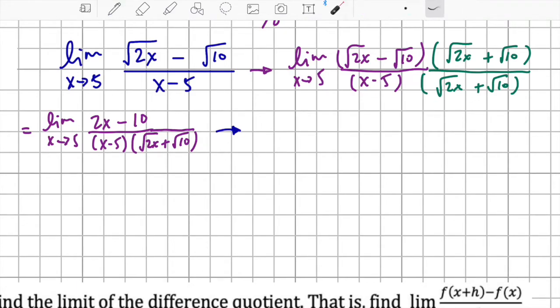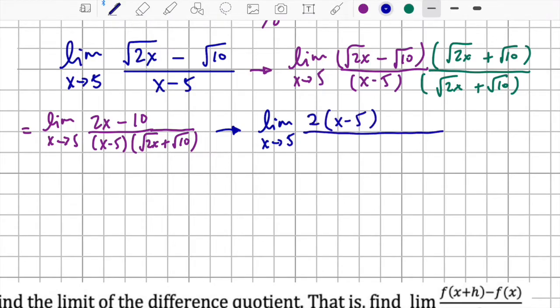Still, I notice that I cannot cancel these two out, but they do have a 2 in common. So I'm going to factor that 2 before I cancel anything. So it'll be limit as x approaches 5, factor of 2. That leaves me with x minus 5. Now I will be able to cancel it.